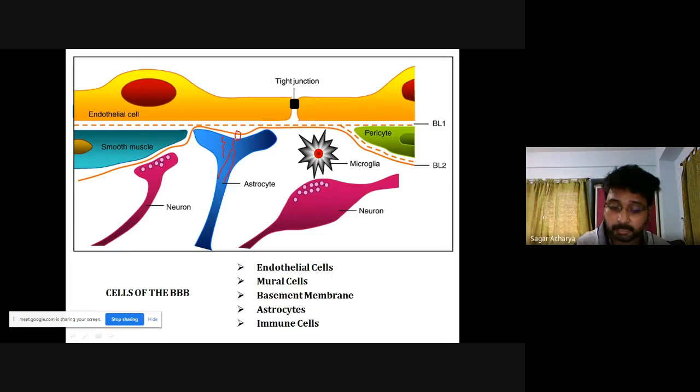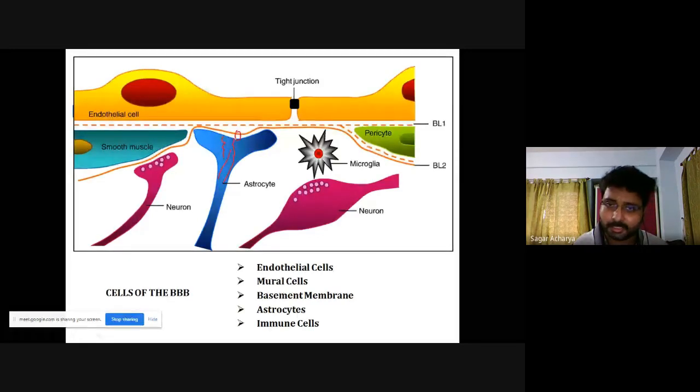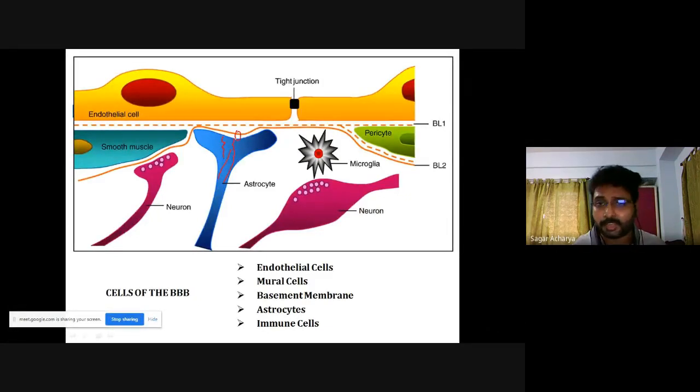Another important thing: there are several experiments where endothelial cells are cultured, and you find basically no or very little tight junctions among them in culture. When they are co-cultured with astrocytes, researchers found very good, heavy tight junctions between the endothelial cells.